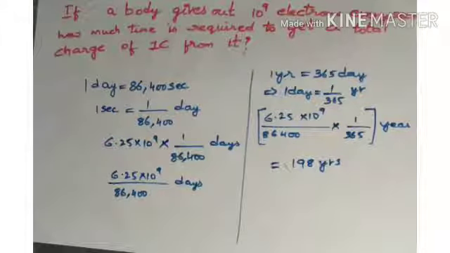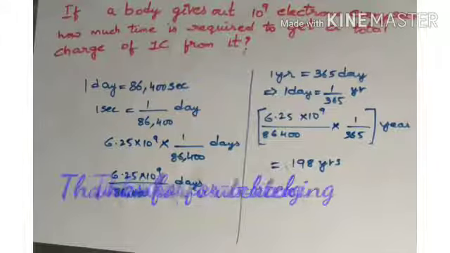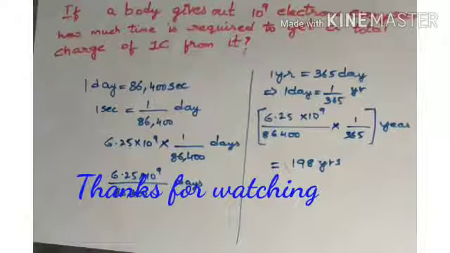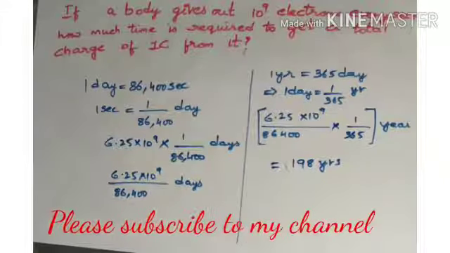So 1 coulomb is a bigger unit of charge. That's why practically we use smaller units of charge, that is pico coulomb, micro coulomb or milli coulomb.